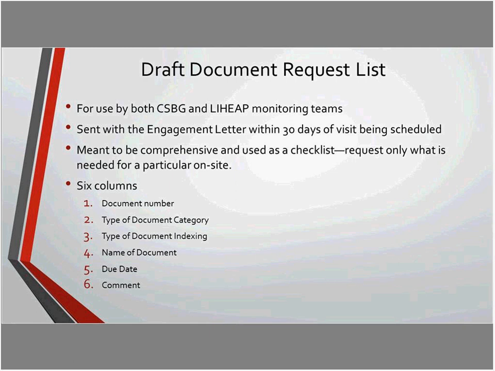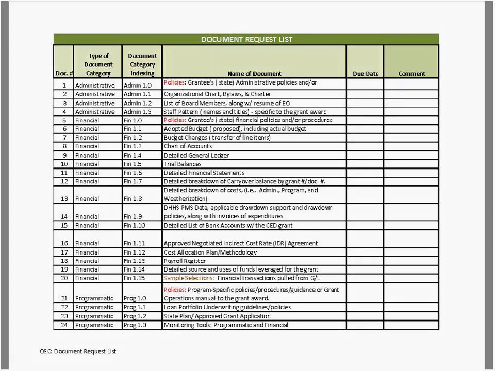Do you mind flipping over to the document request list? Thank you. This document is captured in a couple of columns. We categorize the document as programmatic or financial, and if you scroll down, we also capture information on retrieving the single audit.